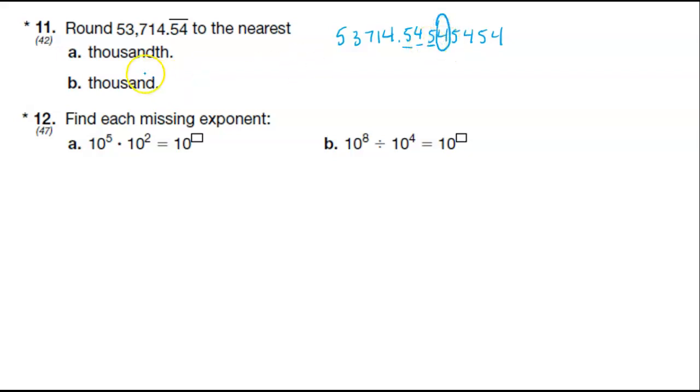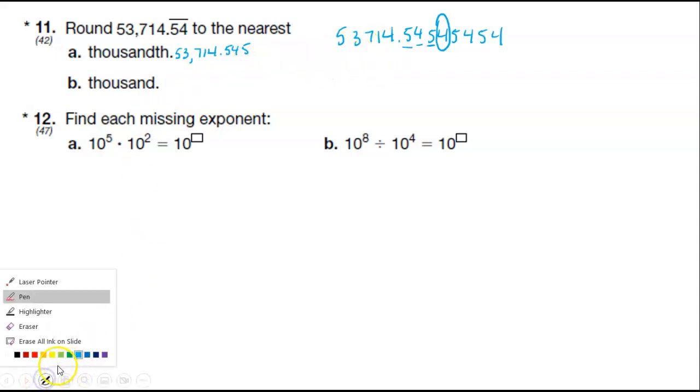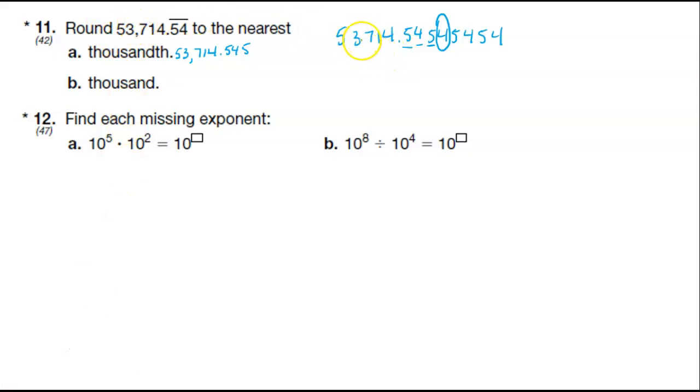This is less than 5, so this is going to be 53,714.545. And then the next one, I'm going to use a different color. It says thousand, so thousand is actually this one, which means I'm looking at this one. So since 7 is greater than 5, this is going to be 54,000.